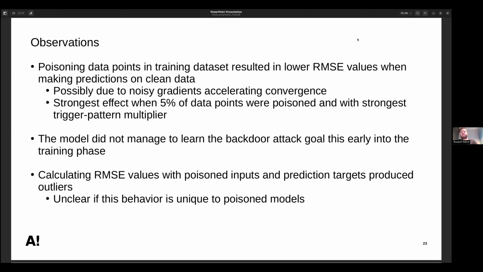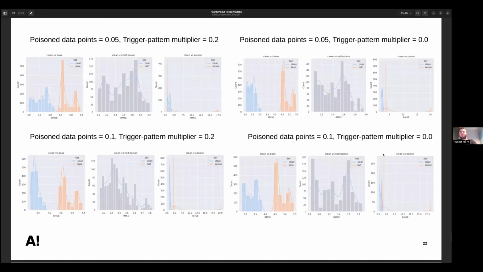And yes, the strongest effect for this was observed when poisoning 5% of the data points and using the strongest trigger pattern multiplier of 0.0. So there seems to be some kind of sweet spot for how much these RMSE values are lowered. Also, as we saw on these middle figures here, the mean differences were very small.